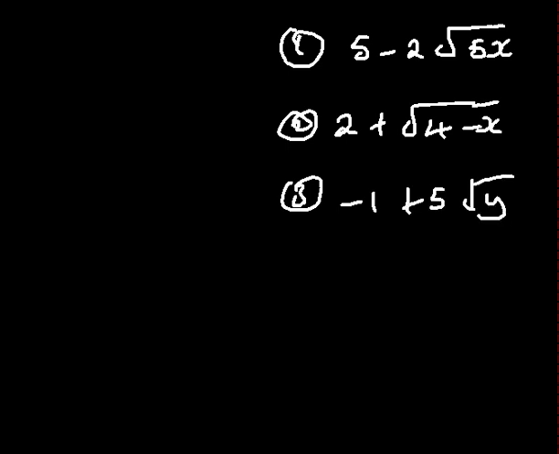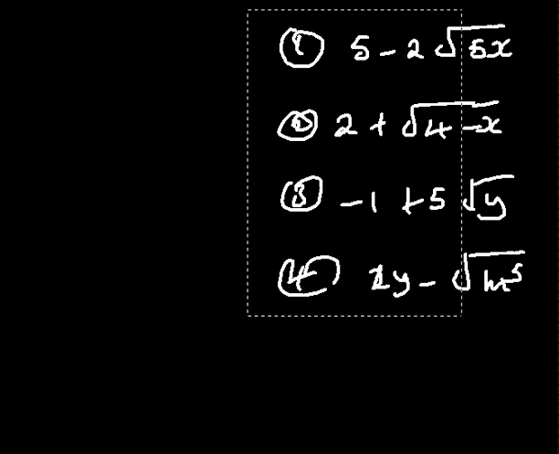You should rationalize that one as well. And let's say if we have xy minus the square root of m to the power 5. So try to have those out at your own time.